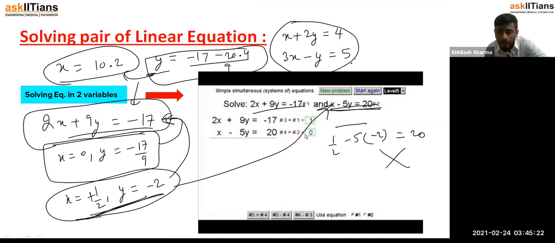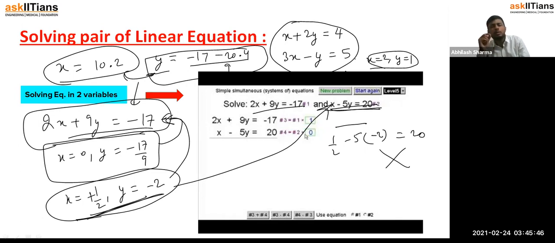Well, maybe by hit and trial, you might be able to observe x equal to 2, y equal to 1 is a solution. Correct? However, by hit and trial, we cannot be sure that we'll always be able to find the solution, right? For instance, in this case, we might have found it, but what if it was a difficult question? Our hit and trial guessing, estimating trick might not have worked, right?